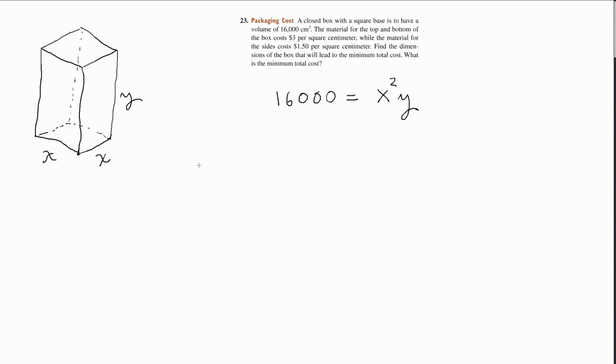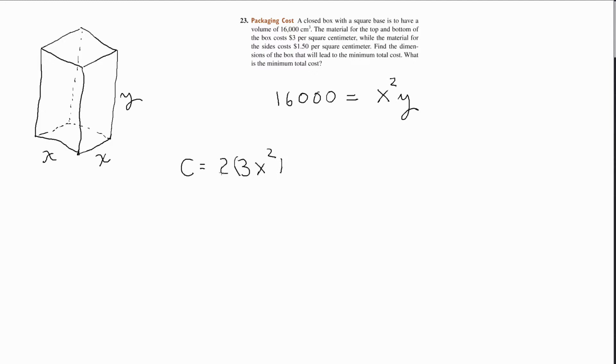So let's write down the idea here of the cost of making this thing. The sides cost $1.50 and the top and the bottom cost $3. So $3 times x squared would be the cost of the bottom. Now there's two of those, right?